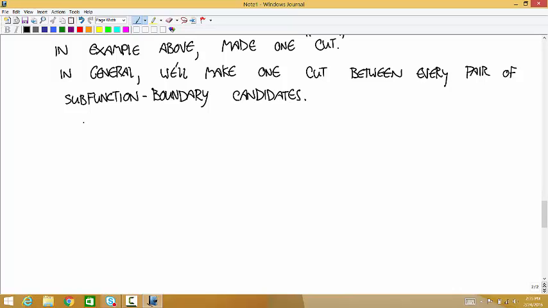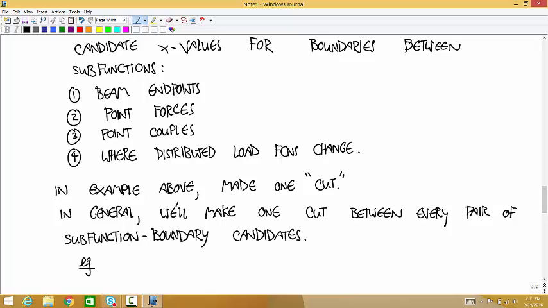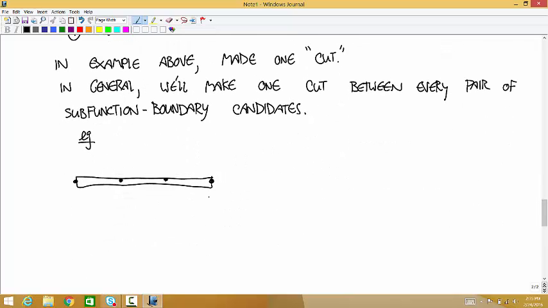So, for example, if you had a beam where these 4 points, each one of those 4 points fit into these categories. So these are the boundary candidates.